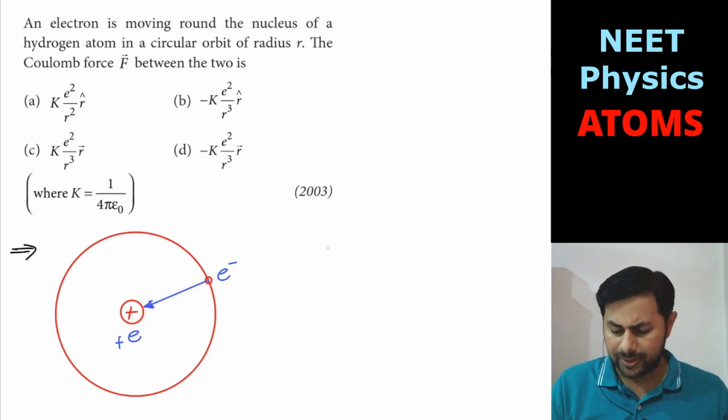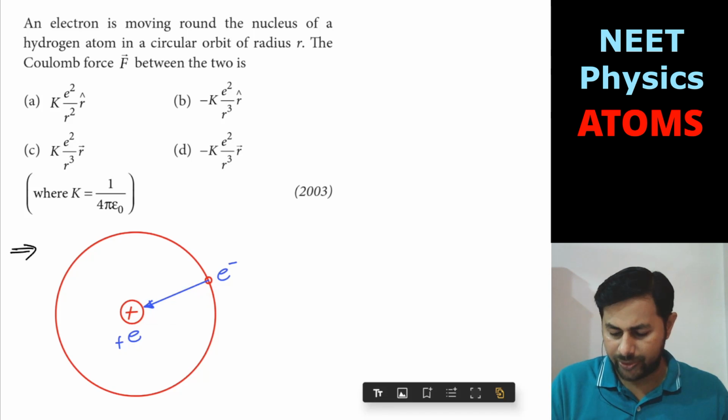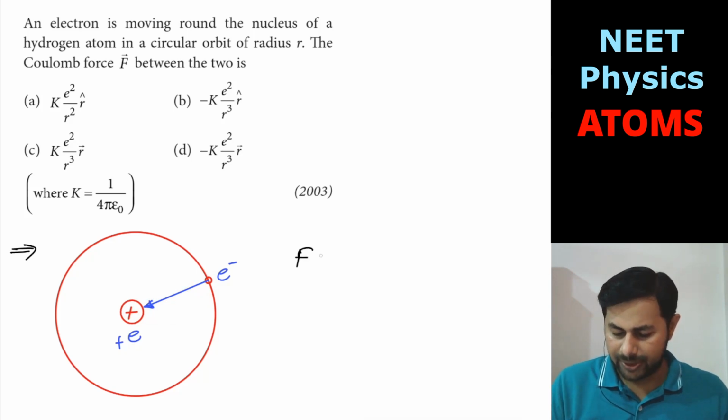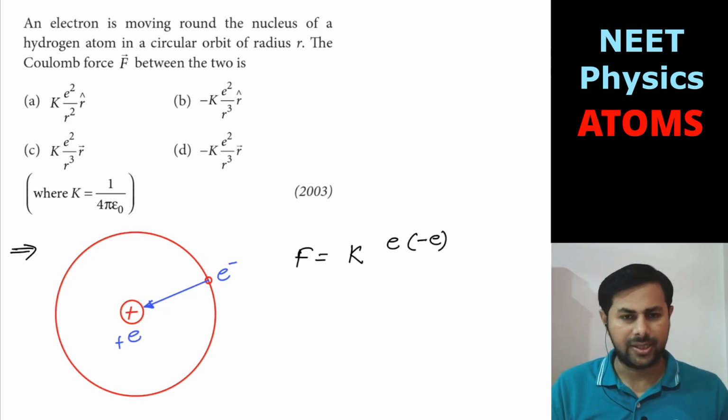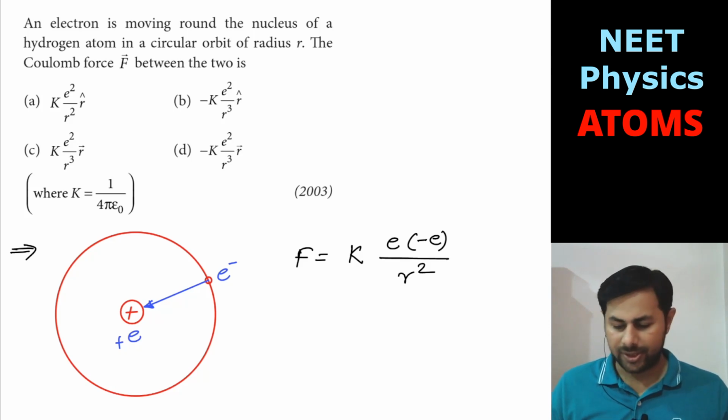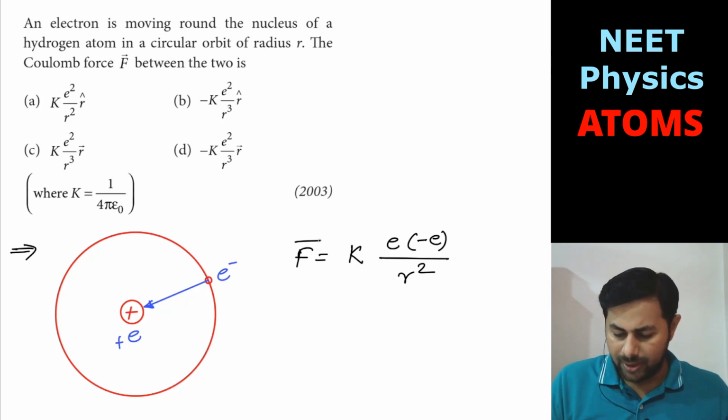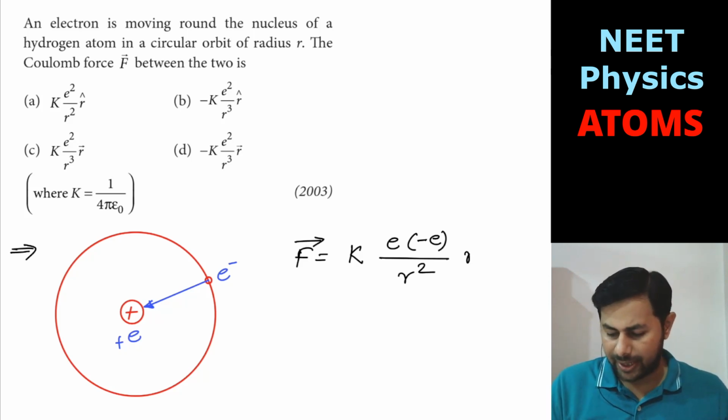And the formula is F is equal to k multiplied by e times e, so e times minus e, divided by r square. This is in scalar form. If you want it in vector form, then put a bar over F and multiply this with r cap.